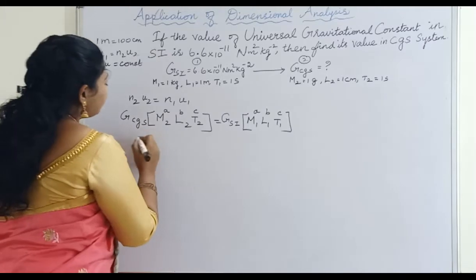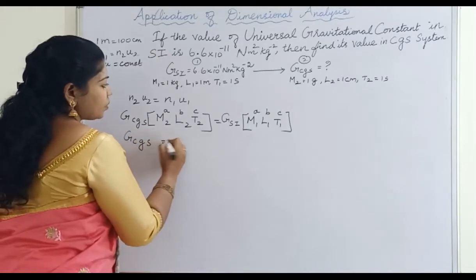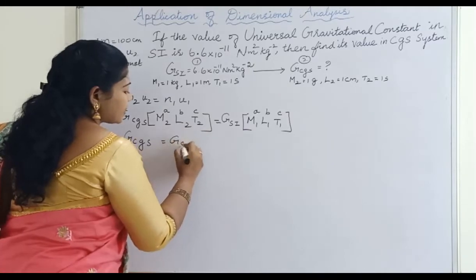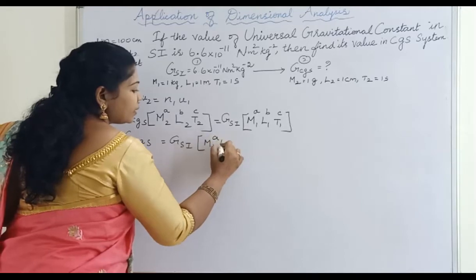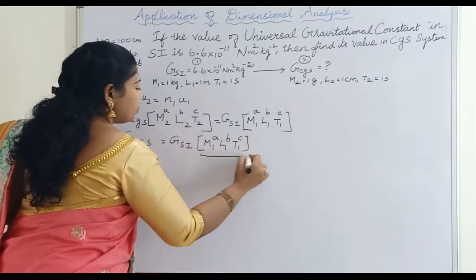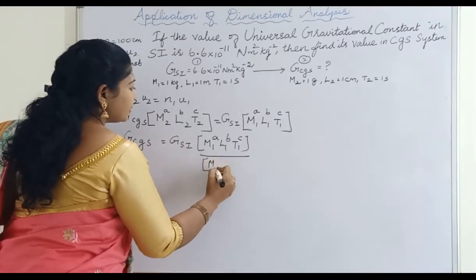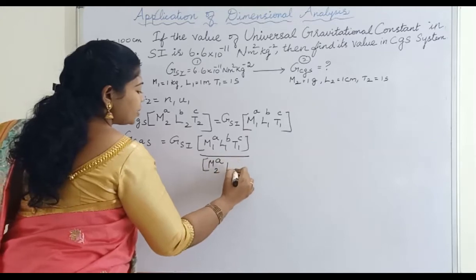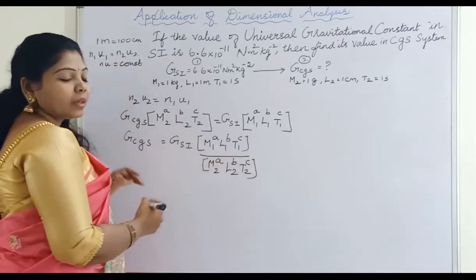So from here, G CGS is equal to G SI into M1 power A, L1 power B, T1 power C, divided by M2 power A, L2 power B and T2 power C.